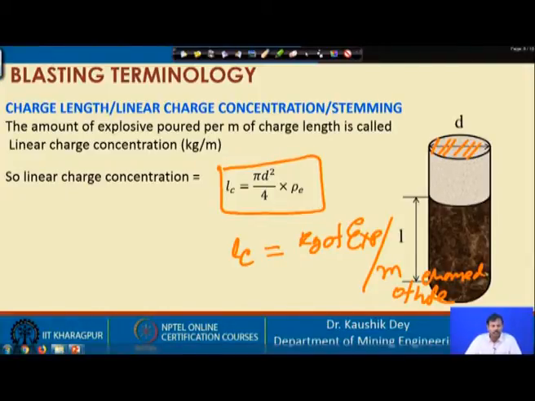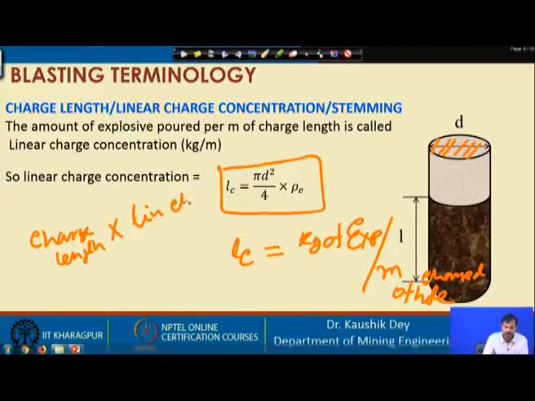So, the linear charge concentration gives us an idea of the charge concentration we are placing per meter of the drill hole length. If you multiply the charge length by the linear charge concentration, you get the charge per hole.